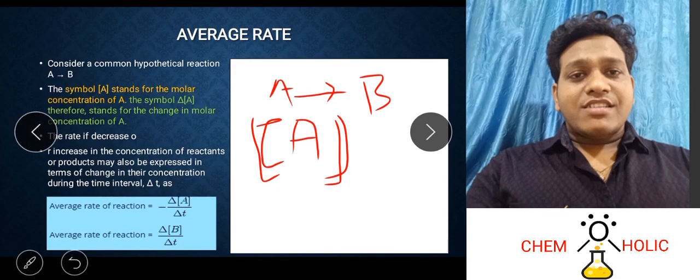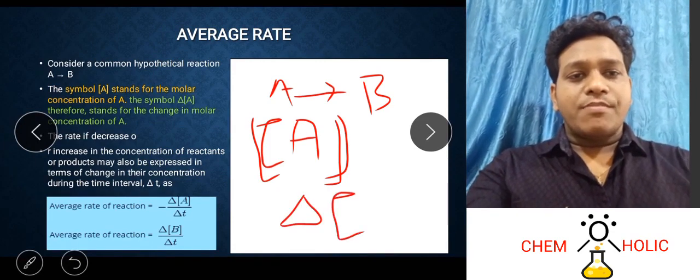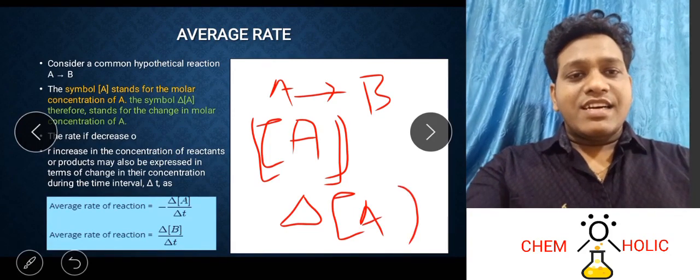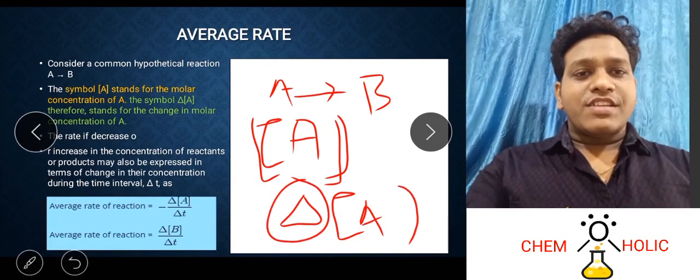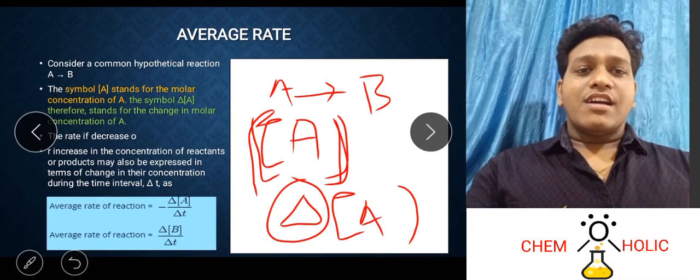And the symbol delta before the bracket indicates the change in concentration. So this delta stands for change in concentration and this bracket stands for concentration of reactant.